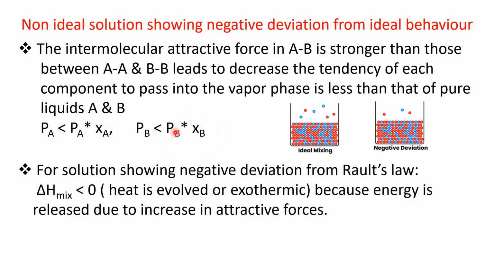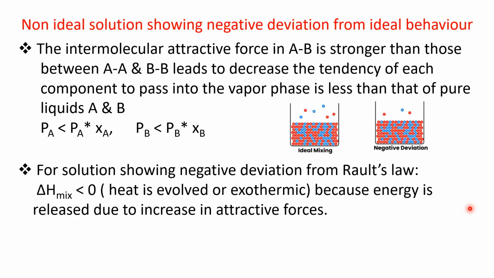Now, for a solution showing negative deviation from Raoult's law, delta H mixing is less than 0. That means, during the solution preparation, heat is evolved, or it is exothermic, because energy is released during this process. Why?